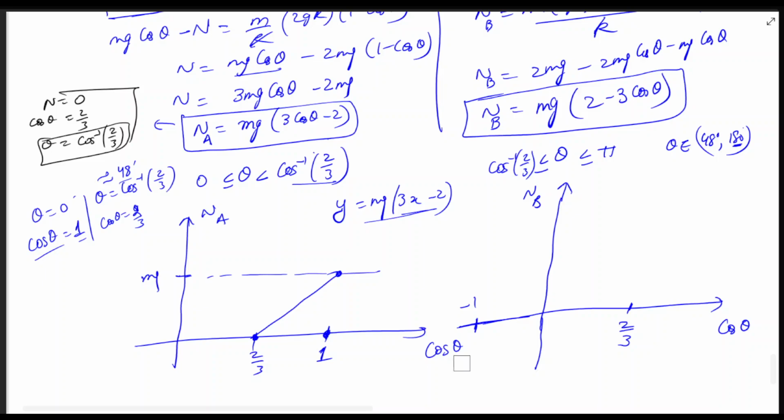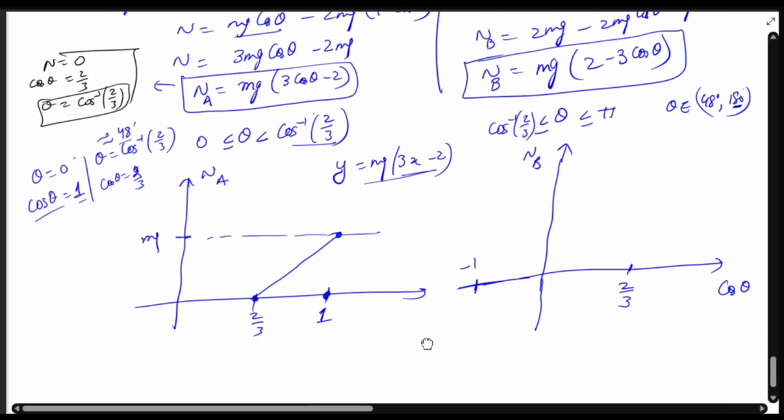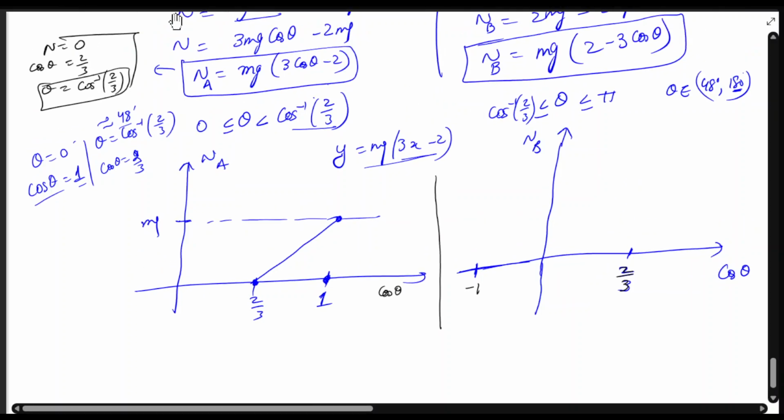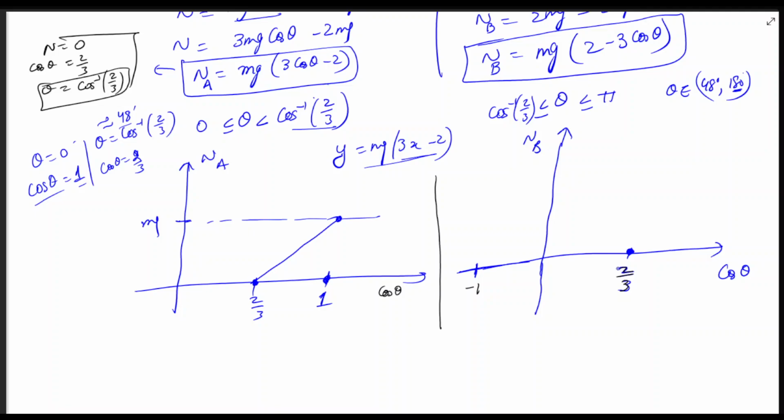So let me rub this. cos theta. This is -1. This is 2 by 3. So at cos theta 2 by 3, Nb will be 0. So we have this point, and at -1 it will be 5 mg.